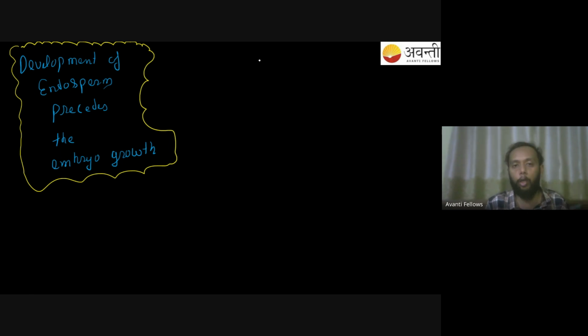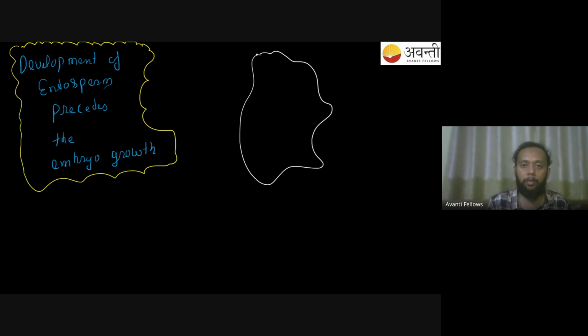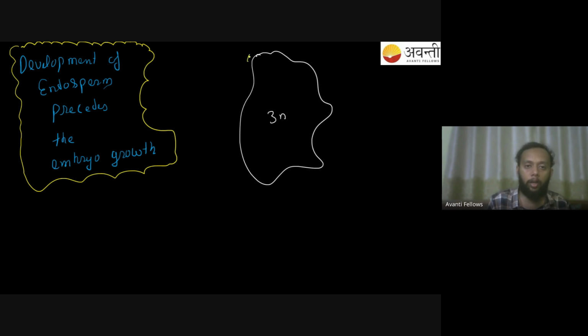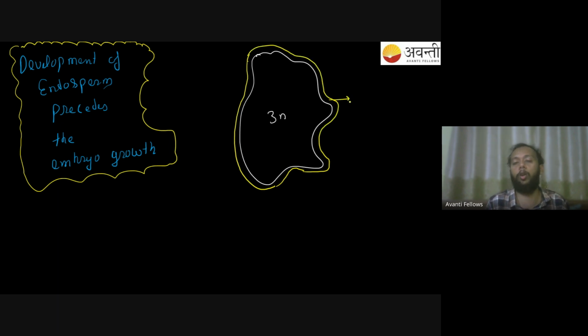Okay. Now, what do you generally get to see? When you observe the endosperm, it's a 3N structure. It is going to be a triploid structure. You know that. The outer layer of the endosperm is called the aleurone layer.